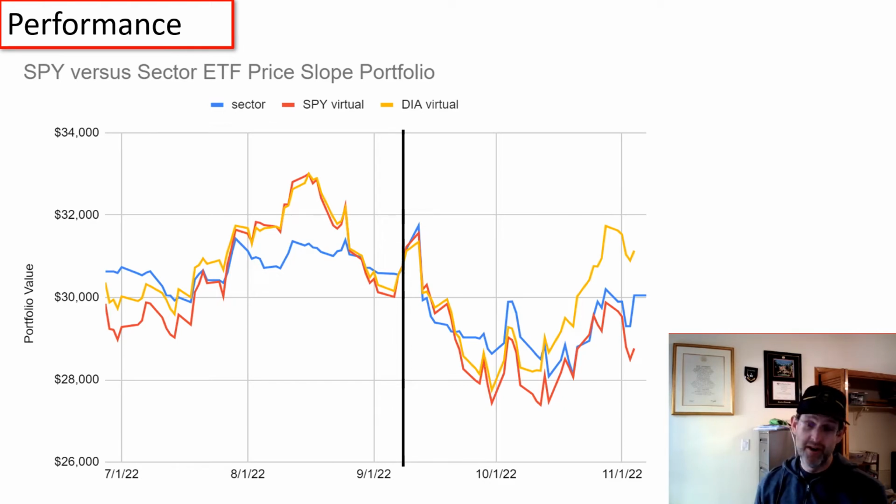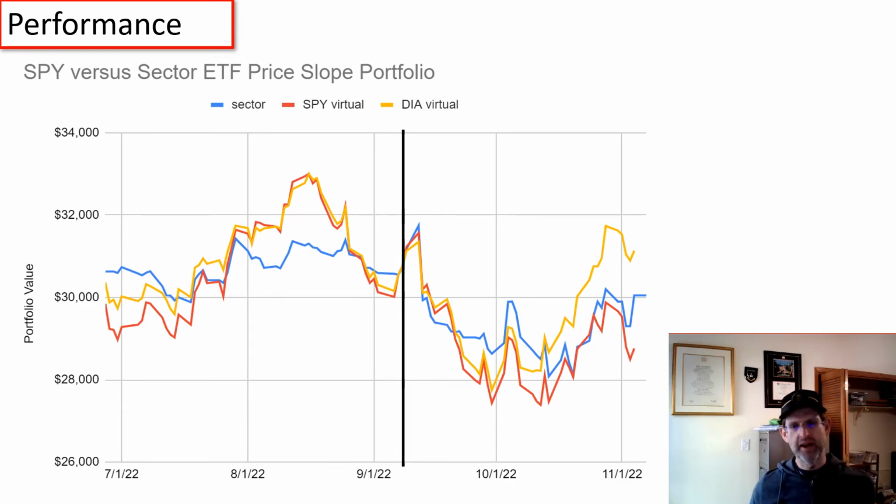So right around that day was when a big drop started, lasting until mid-November. The blue line is my portfolio. I've consistently stayed ahead of the SPY, so I'm outperforming the SPY, and really that's the important one to compare against, because the totality of all 11 sector ETFs essentially mirrors the SPY quite accurately.